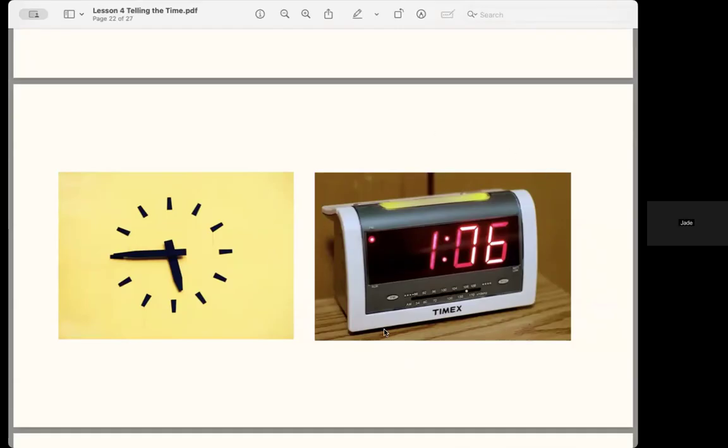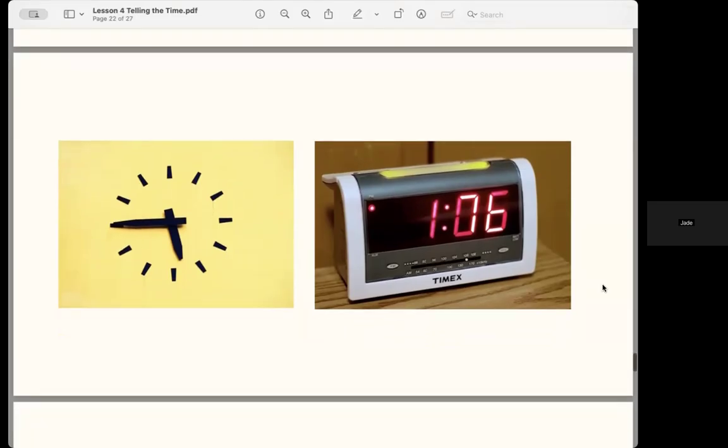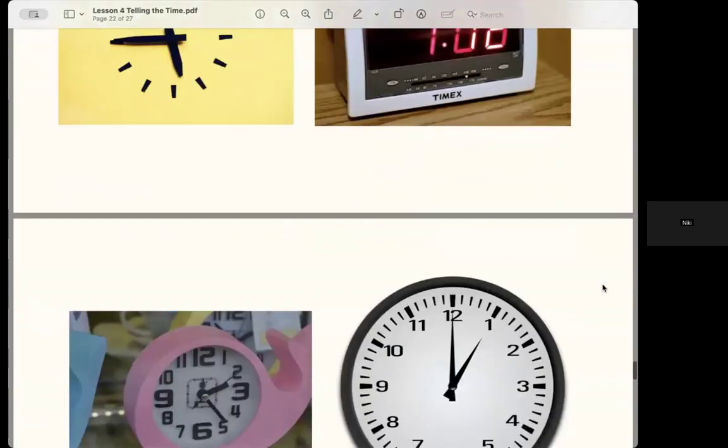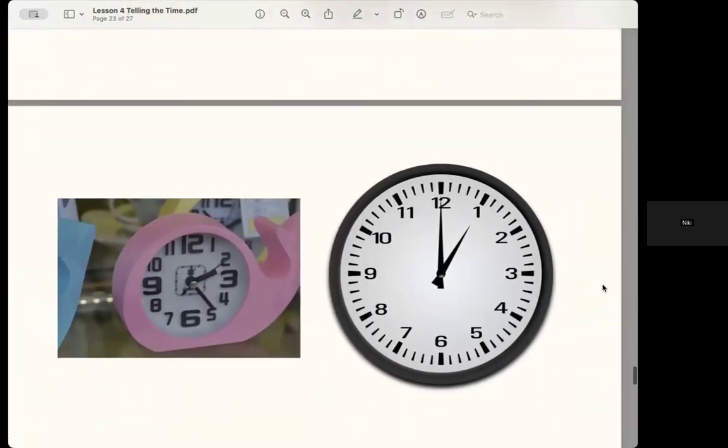You guys would be fine, because whichever one you're doing will work. We would never say 1:06, only if we're doing it the digital way. 6 past 1, I reckon, is the best. I tend to not do digital, but that's me. I'm very old.